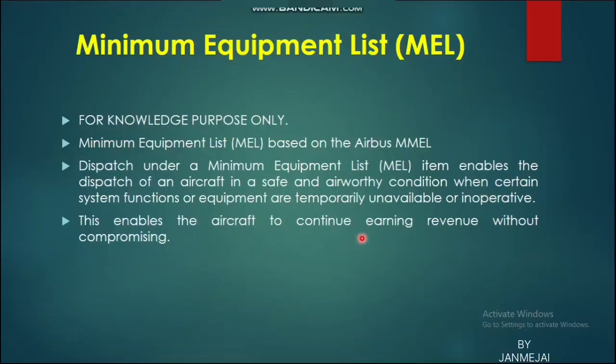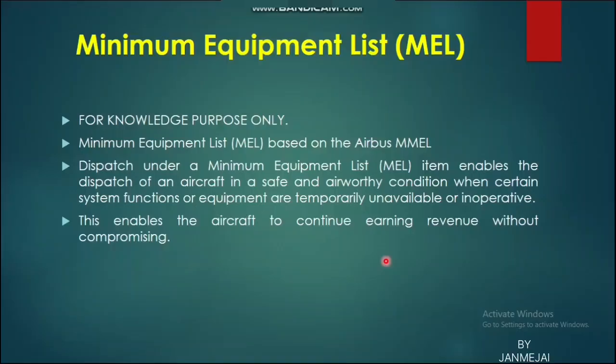It enables the aircraft to continue earning revenue without compromising safety. This is the main point whenever you are running any airline business. Once the aircraft flies to the destination and comes back with passengers, only then will the company generate revenue, and from there you will get your salary also. That's why MEL is the main purpose.